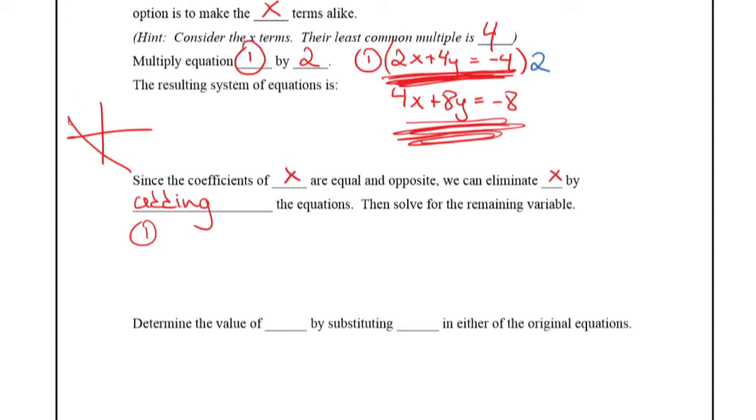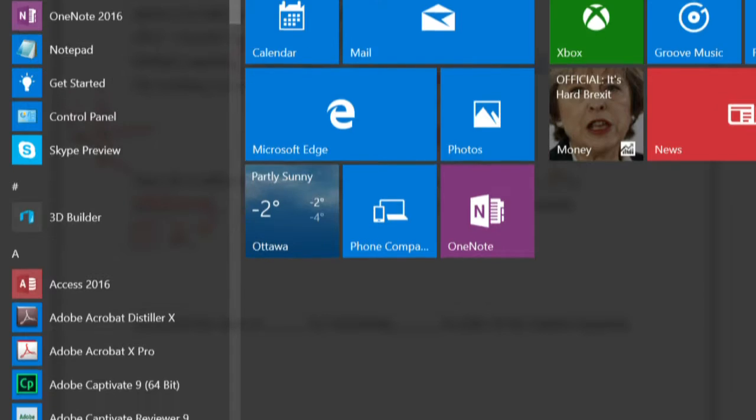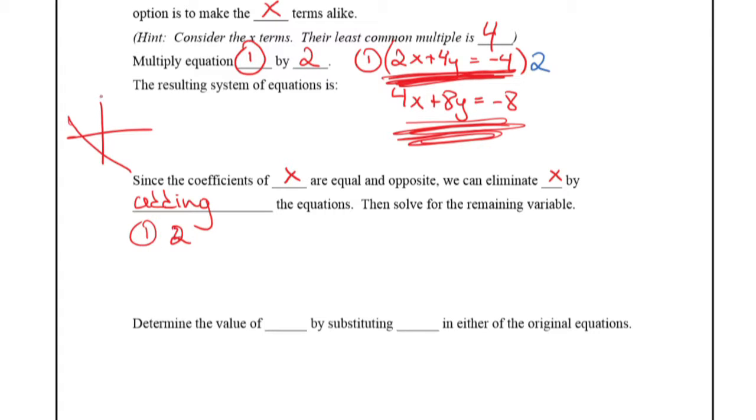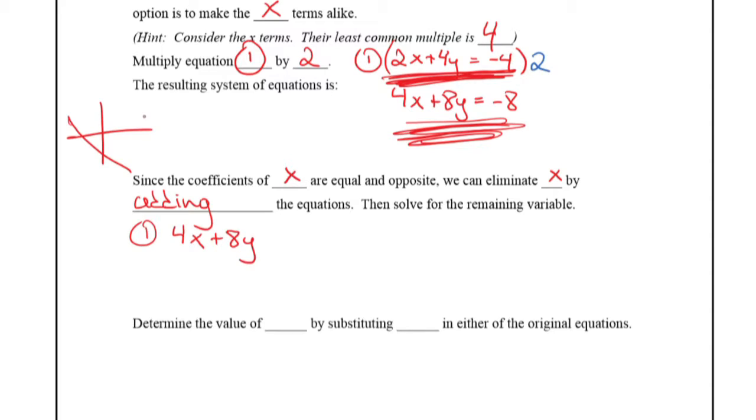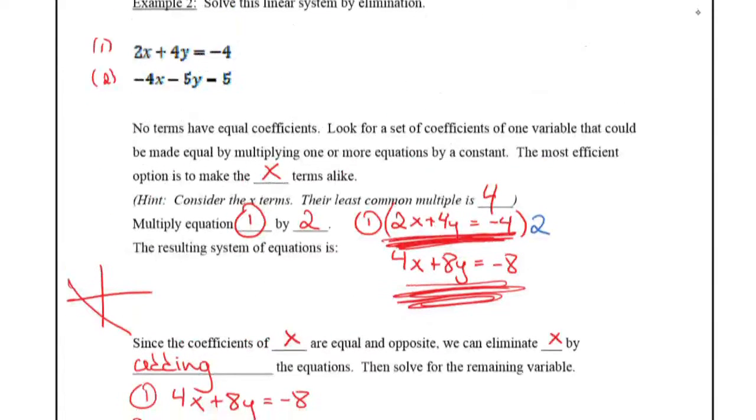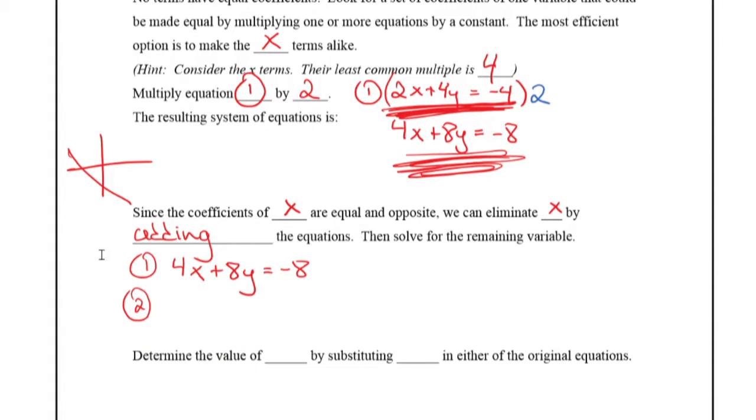Equation number 1 is now 4x plus 8y is equal to minus 8. Equation number 2 from up above, I'm just going to bring it down: negative 4x minus 5y is equal to 5.